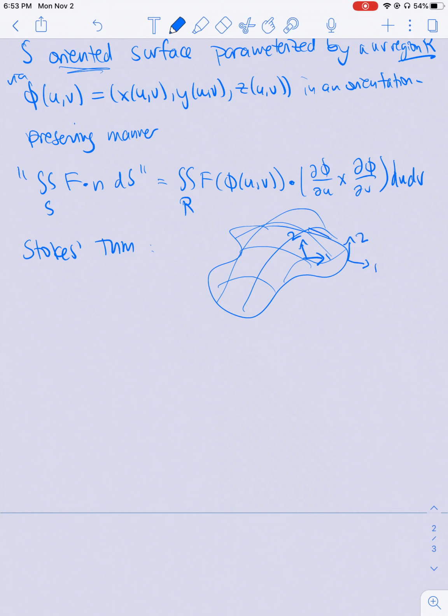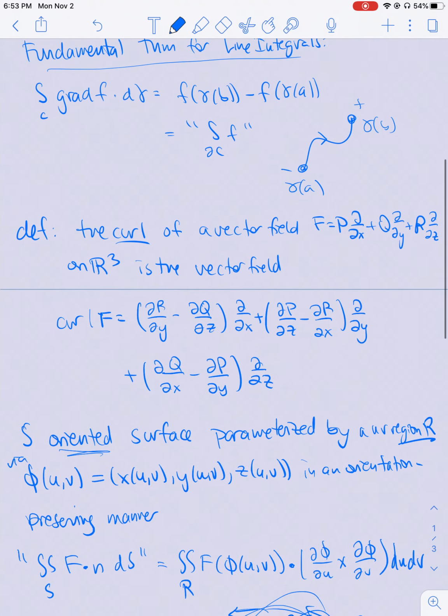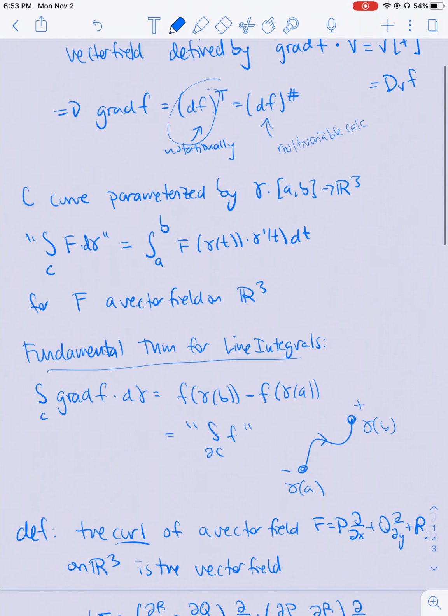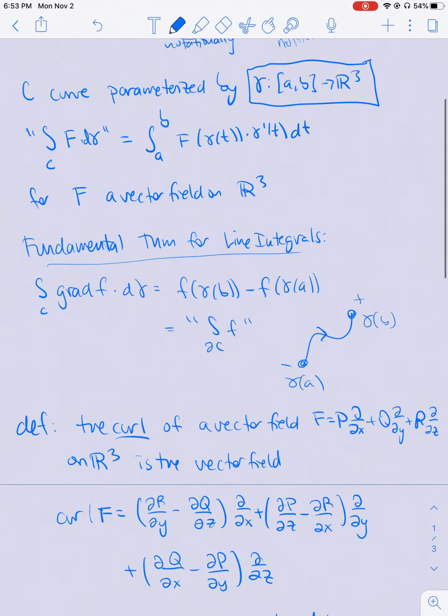So here it would be clockwise. We're making a lot of orientations when computing integrals over curves. They're also oriented, by the direction of parameterization.